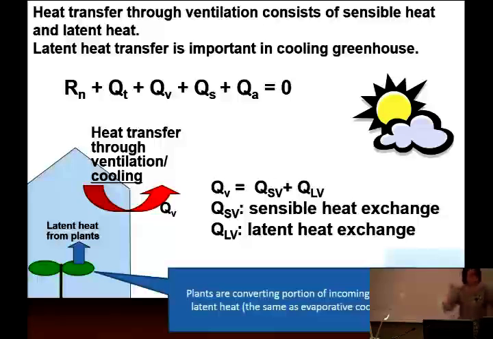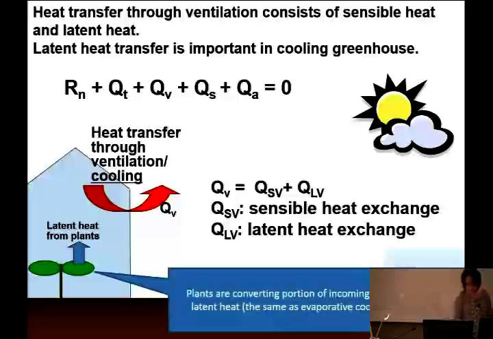The latent heat is the change of phase, liquid to vapor, which takes up the surrounding energy and adds it as moisture in the air. So that is latent heat.